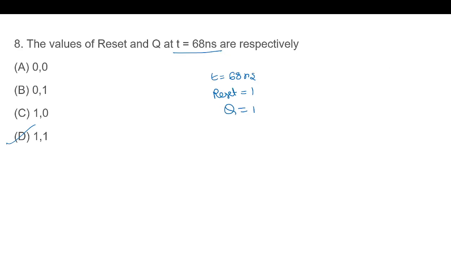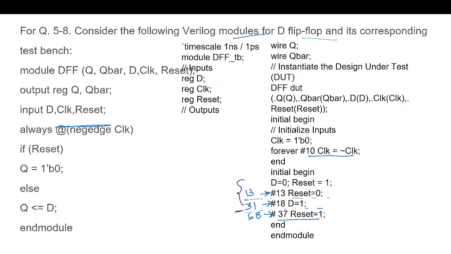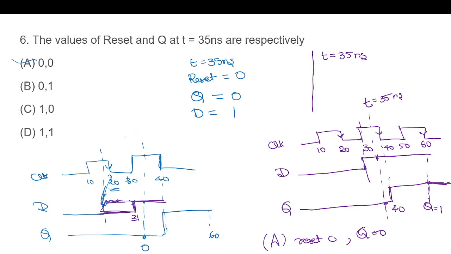Yes. At the eighth question, we have to see at 68 nanoseconds. And at 68 nanoseconds, reset is equal to 1. The value at D will be reflected at the negative edge of the clock. So 68, this will be 70. 68 will be somewhere here. At this edge, reset is 1.